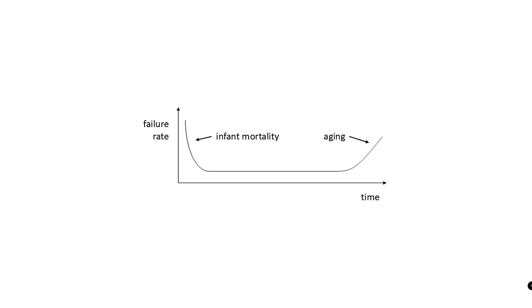This is known as infant mortality. After the initial failure rates, the failure rate usually goes down to a very low level, usually for a matter of years. At some time, though, circuits start to fail. This is known as aging. Given the significant voltages and currents that these circuits are operating on and the extremely small size of the transistors, it's not surprising that chips would eventually fail due to aging.